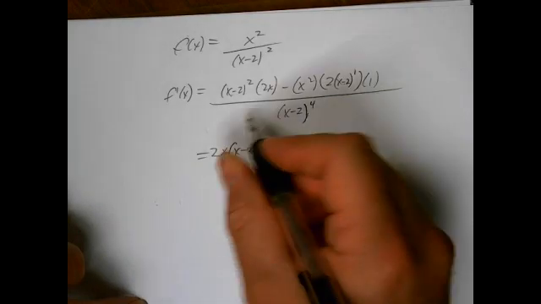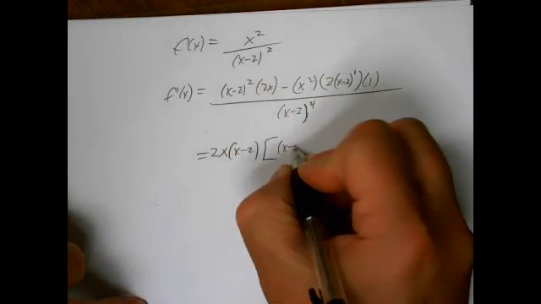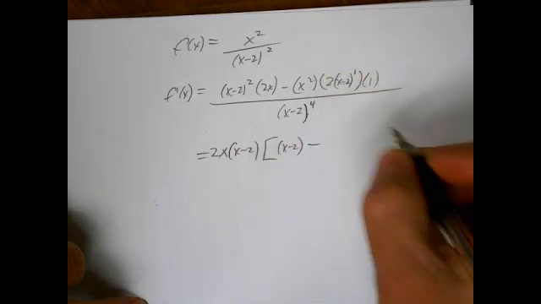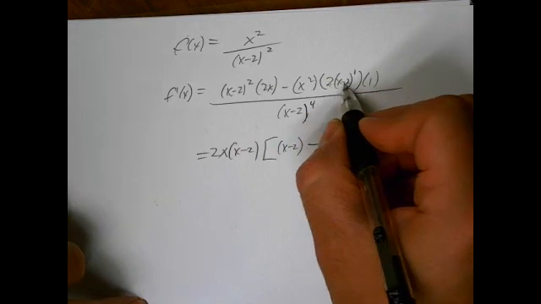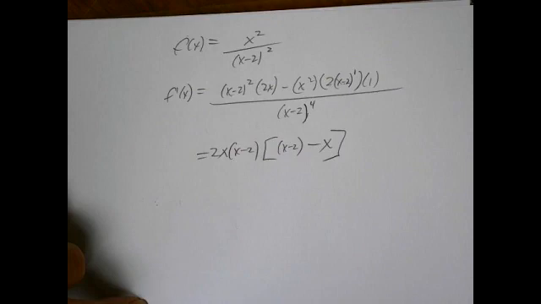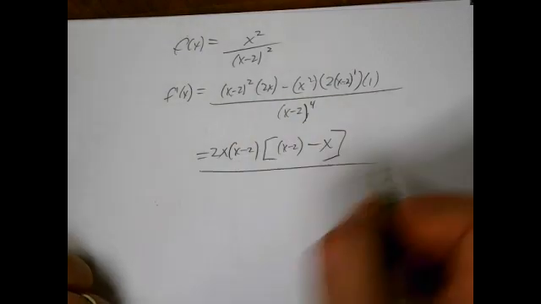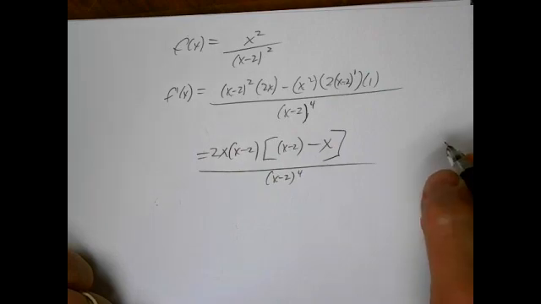So the 2x, x minus 2 squared, turns into just an x minus 2. And here the 2 and the x minus 2 and one of the x's is gone. All right, so again, I'll give you a moment to look at that factorization. That looked good. All right, and the bottom is the x minus 2 to the 4th power.